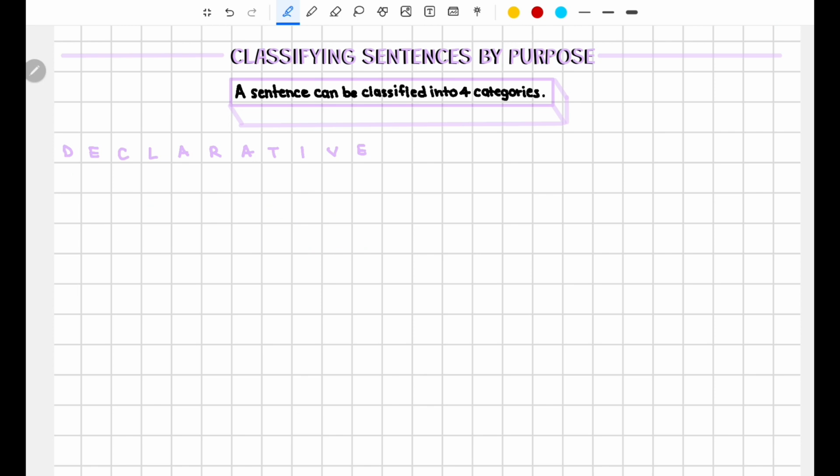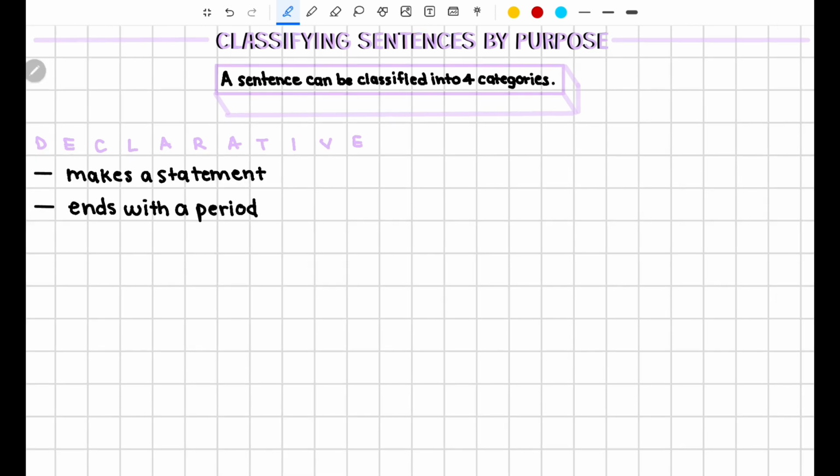Let's start by going in detail about a declarative sentence. The declarative sentence makes a statement and it ends with a period. So this is what most of our normal everyday sentences are, it's just declaring something.